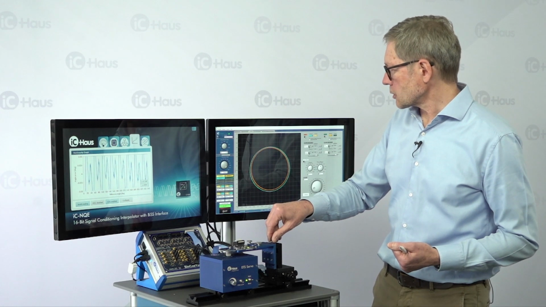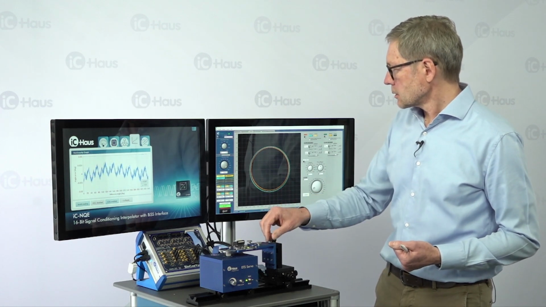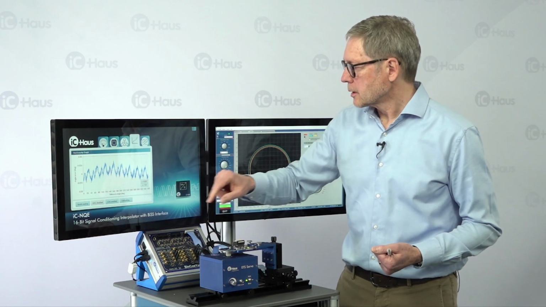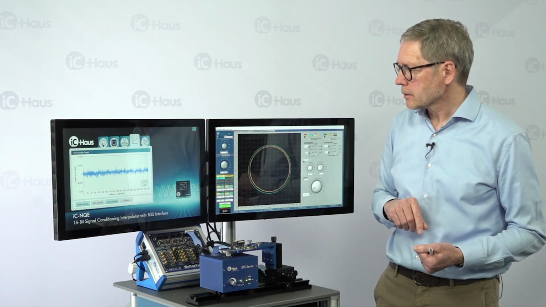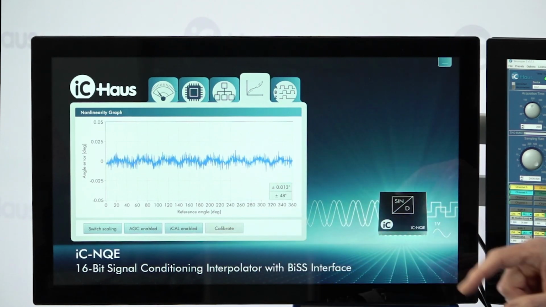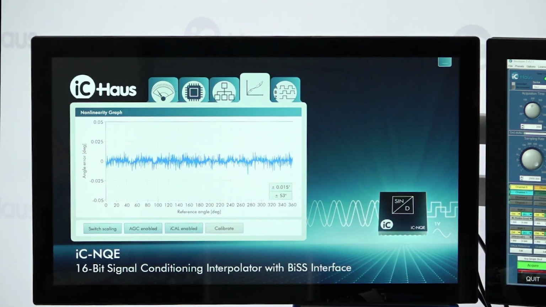Maybe I was too close, so the input signal has overdriven my converter. Try it again. Okay. Sorry, I went a little bit too close to the target.